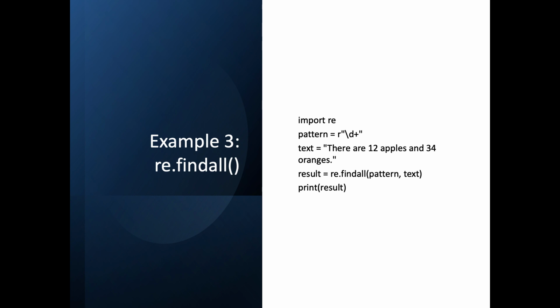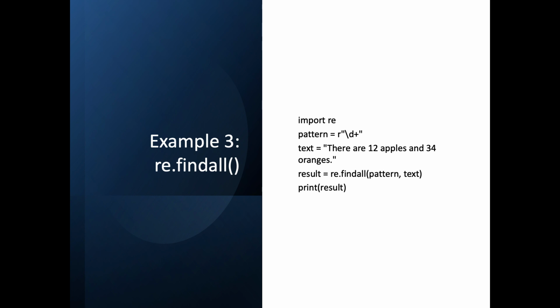But wait a minute, what is the r letter before the double quotes? In general, the r letter before a string in Python denotes a raw string. Raw strings are used to treat backslashes as literal characters rather than escape characters. This is particularly useful when working with regular expressions because regular expressions often contain many backslashes.